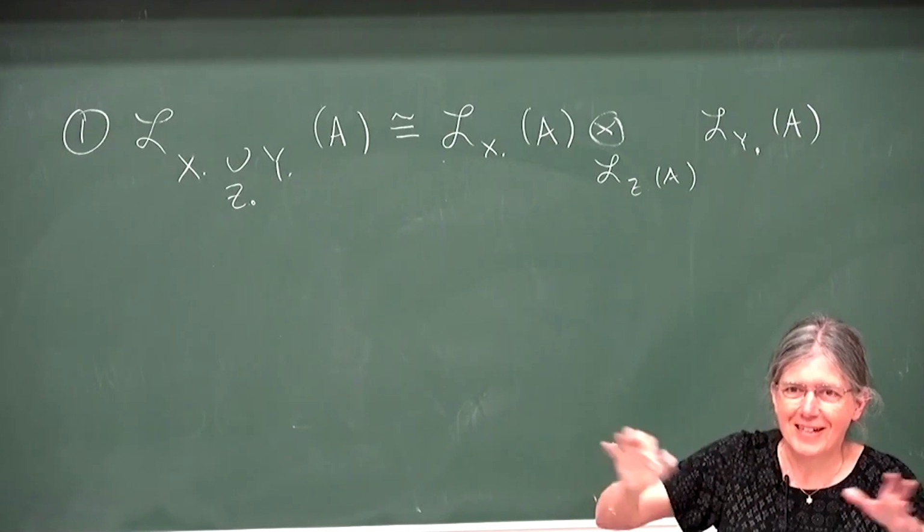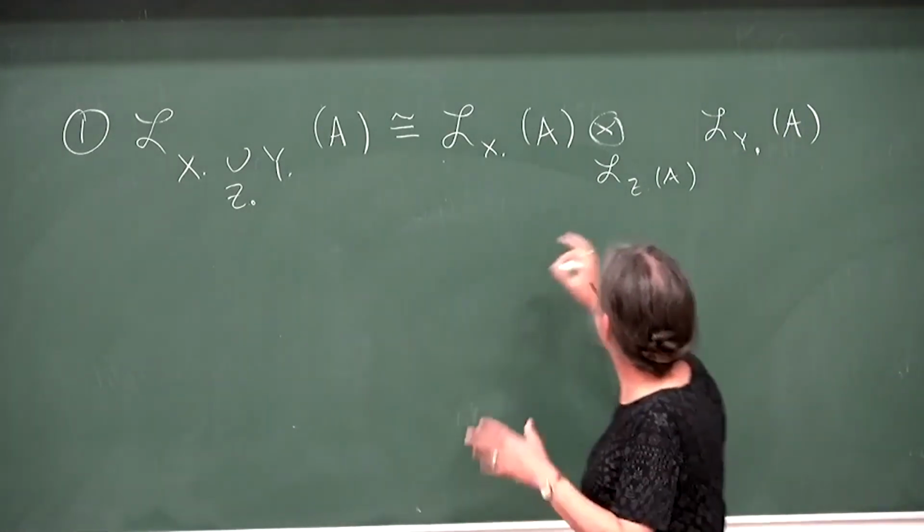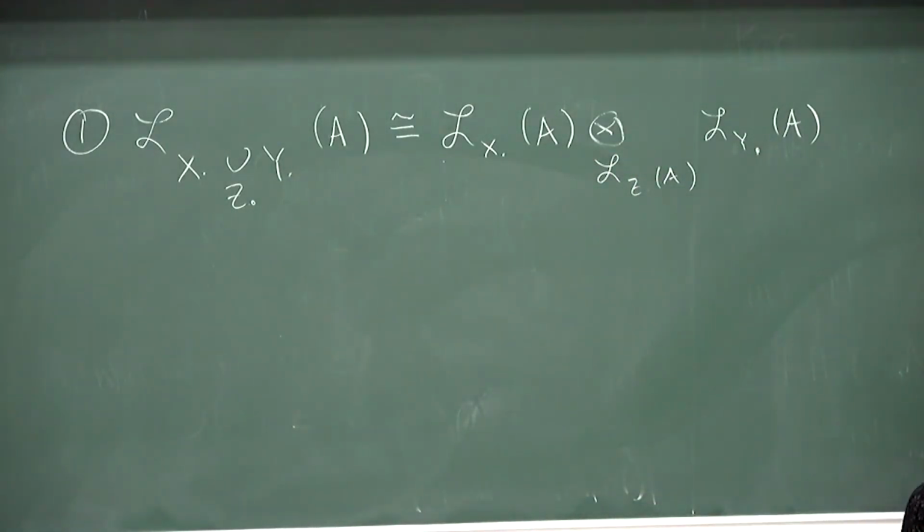I mean, if you're tensoring, you want one copy for each element in here. So you don't want the guys in Z to appear in two places, so you glue them. So that's a good property.